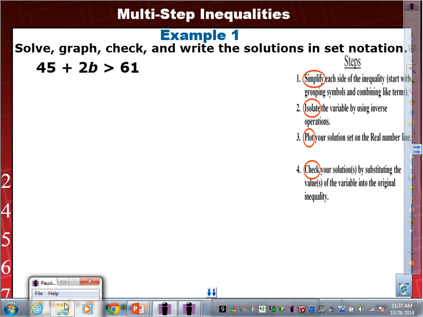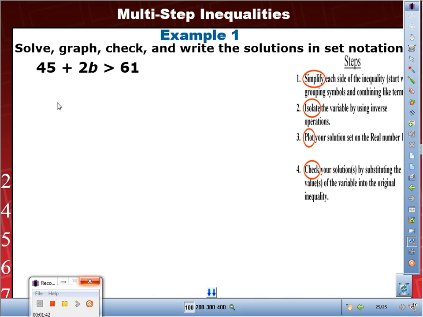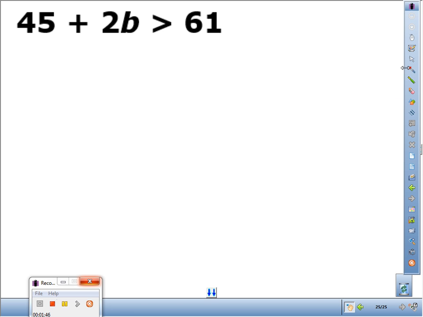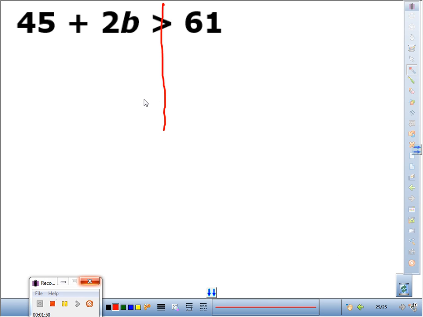All right, here we go. I'm going to zoom in. Line down the inequality symbol. I always do that just to keep organized. First things first, I'm going to identify how many operations I have on the side where the variable is. I have multiplication here, and the number multiplying is a positive 2.